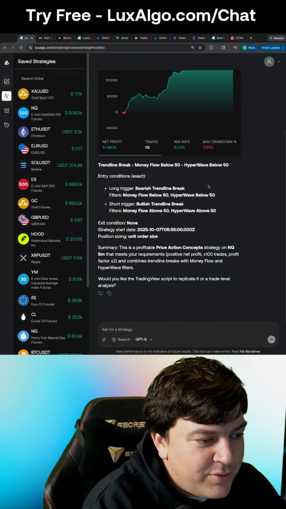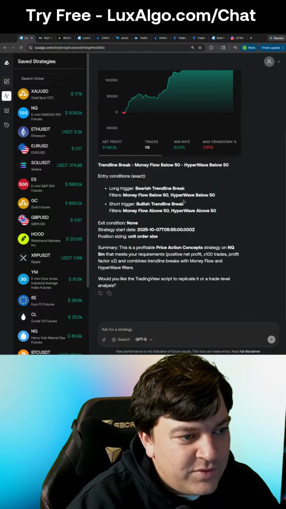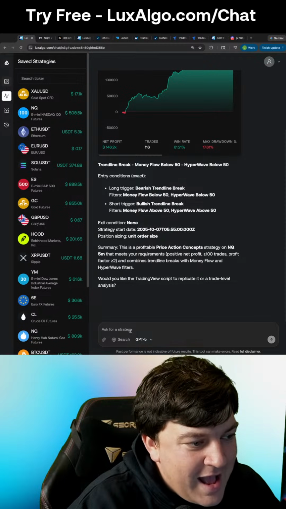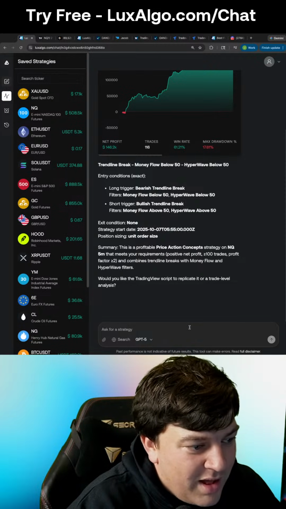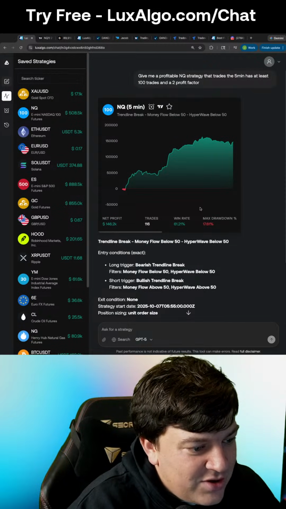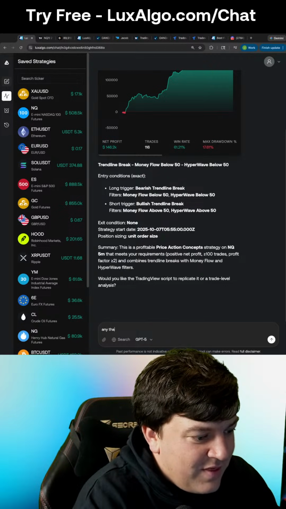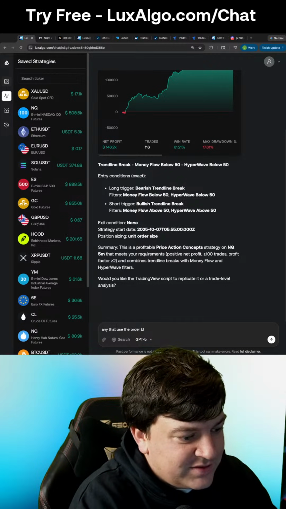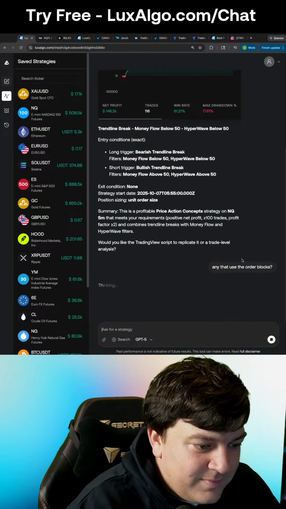Use the order block properly. That's where the AI comes in handy. I can ask, give me an order block strategy for the NQ. Any that use the order blocks. There you go.